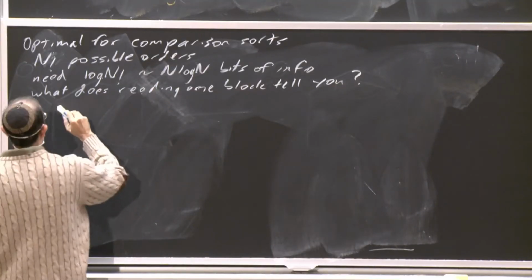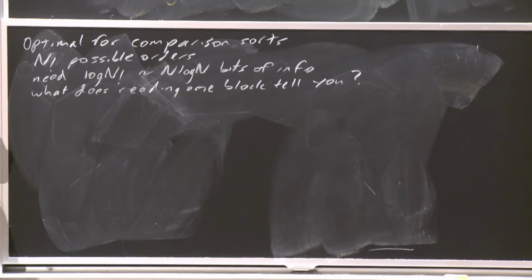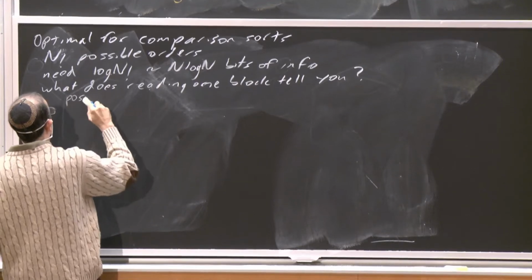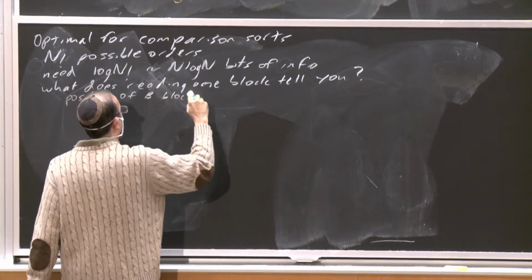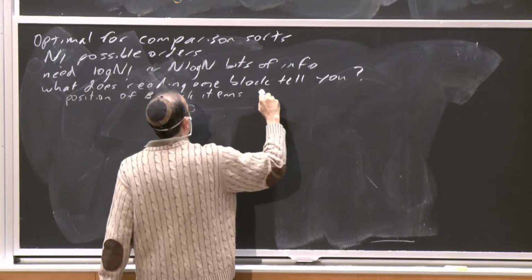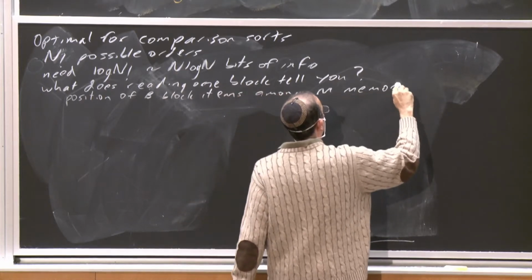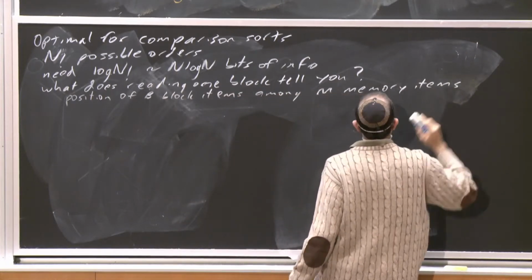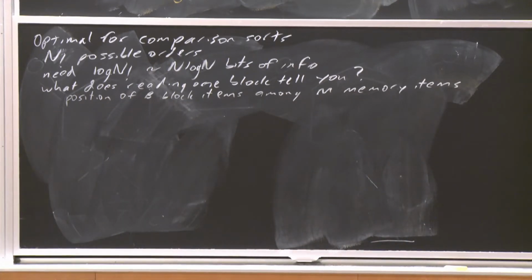Well, what you're able to learn by reading that block is the position of the B block items among the M memory items. We can assume that you already have the information about the M memory items, and they're sorted in memory, and that the B block items are sorted in their block.